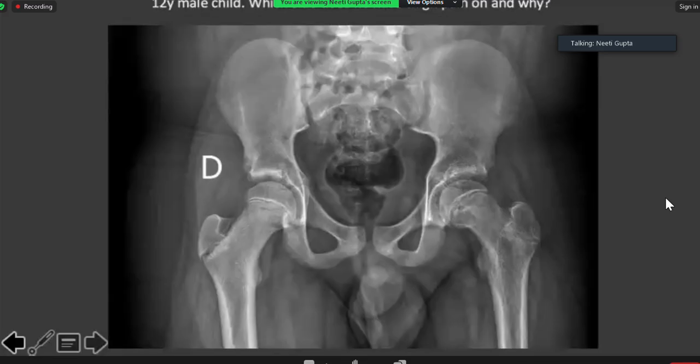So most of you are getting this right. I'll quickly give you the explanation. So this is a classic case of a slipped capital femoral epiphysis. As most of you guessed right, the pain is on the left side. So we can see some physeal widening and irregularity here when compared to the contralateral side.